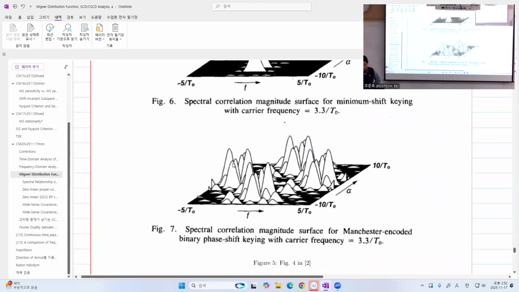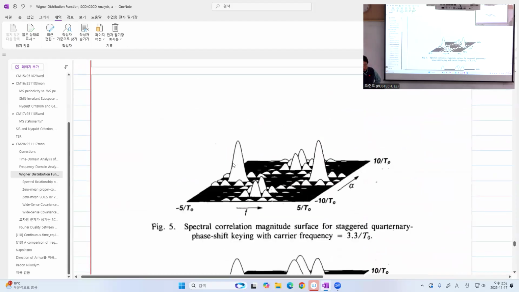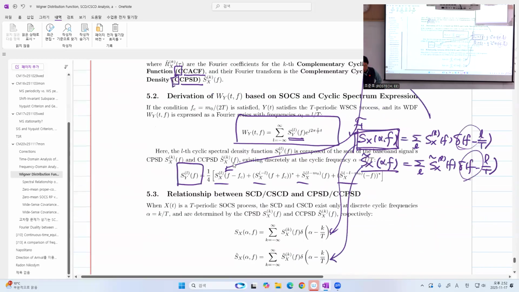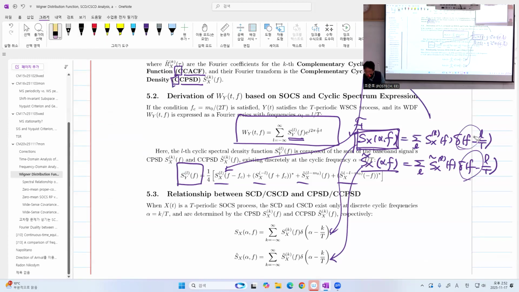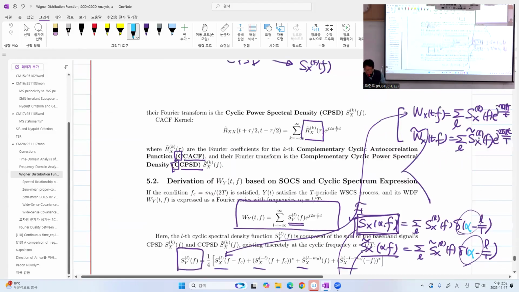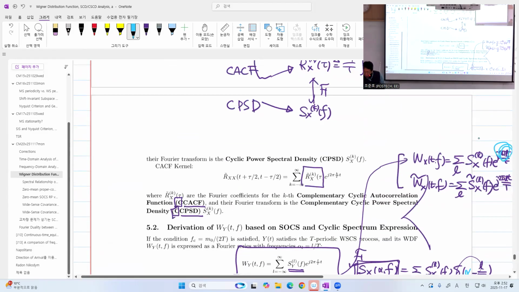Now, what do you have? So here, just a second. Let me see. Something's not correct. This should be alpha. I'm sorry. Because this T is associated with alpha, the cycle frequency.